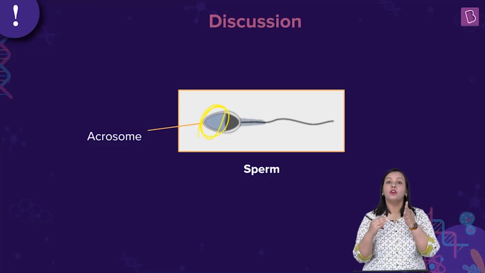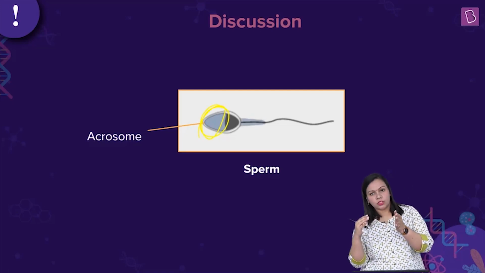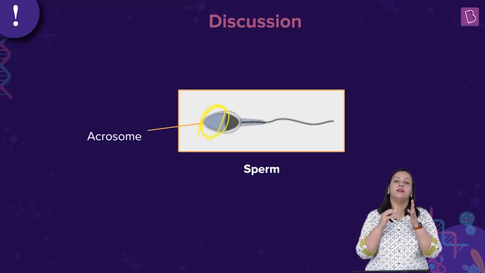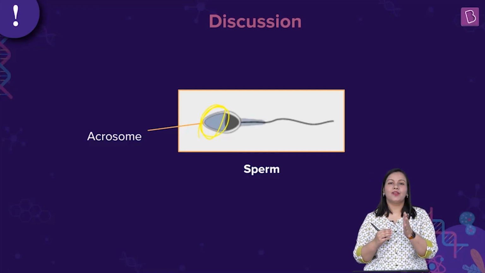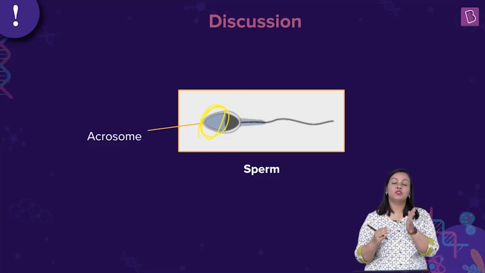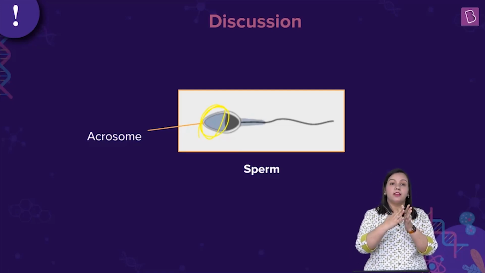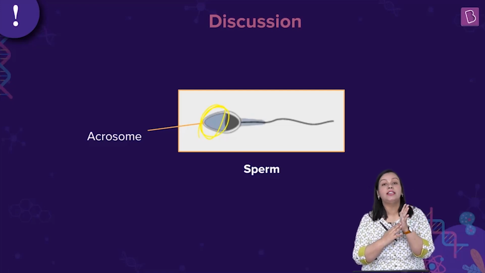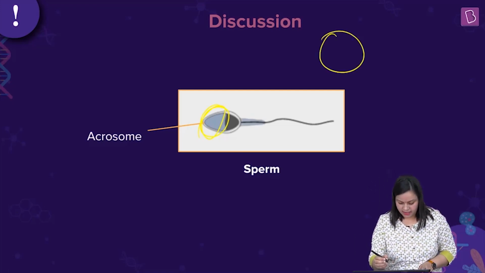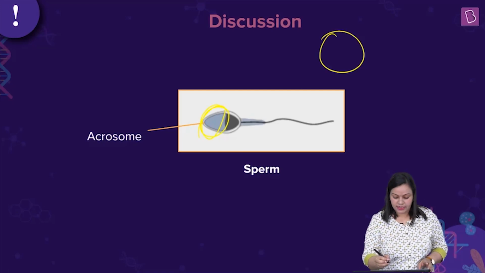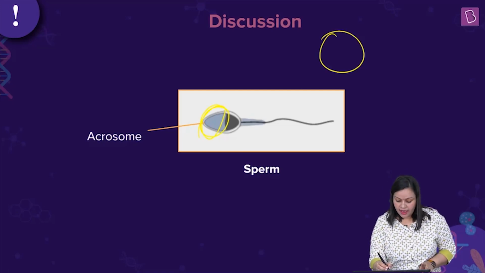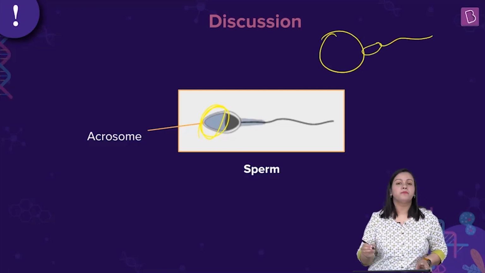Because for carrying out fertilization through the sperm nucleus into the egg nucleus, the sperm needs to first dissolve a protective layer which is present around the egg. So if this is the egg and let's say this is the sperm, right?